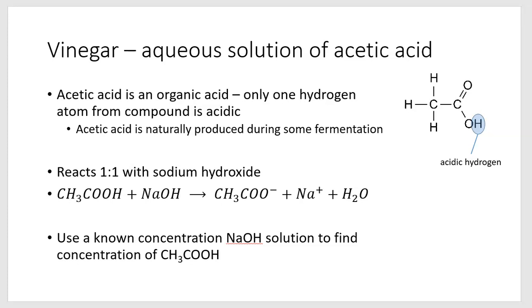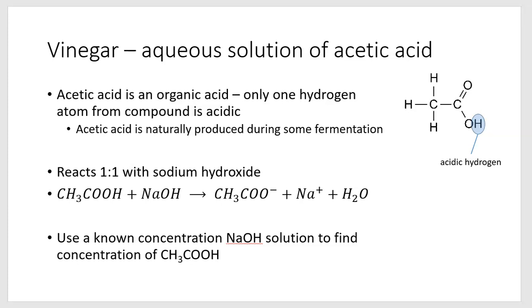In acetic acid, we can see that there are 4 hydrogens total, but the 3 hydrogens attached to the carbon are very tightly bound, because of how the carbons and the hydrogens behave and, in contrast, how the oxygen and hydrogen are bonded together. Only the hydrogen attached to the oxygen is acidic.